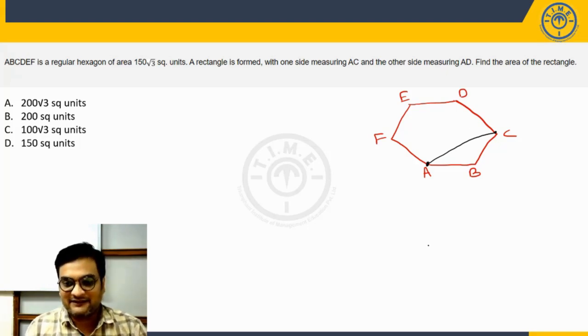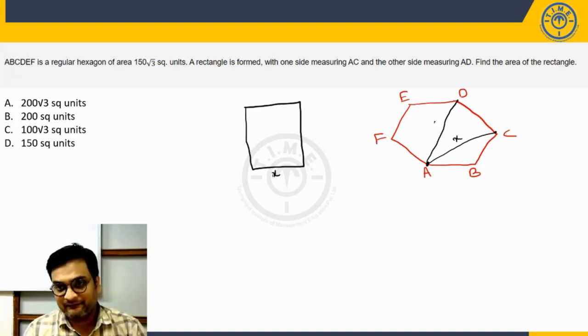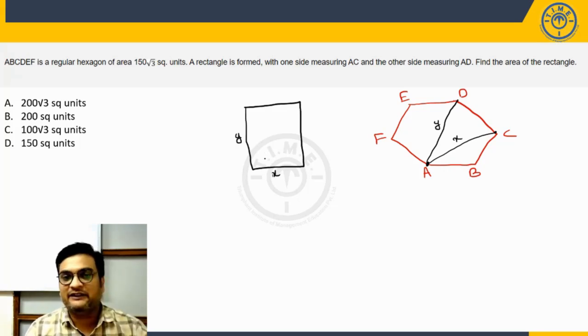One side is going to be the length of AC, say this is some X. The other side will be equal to AD, which is clearly a longer side, a longer diagonal, say Y. So the length and breadth of the rectangle are Y and X respectively.